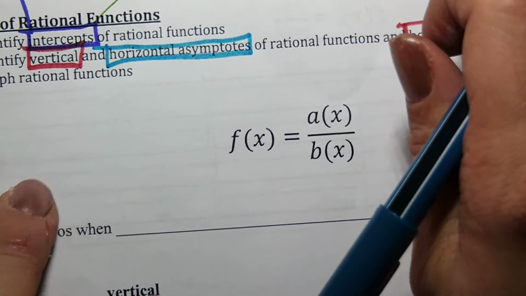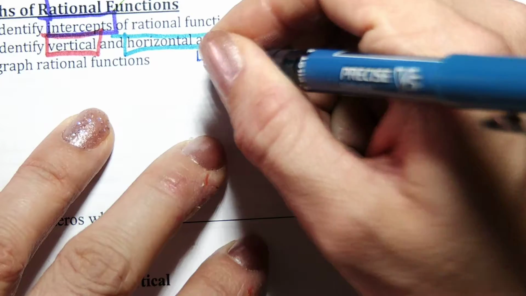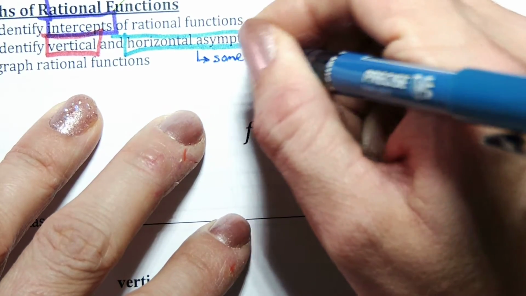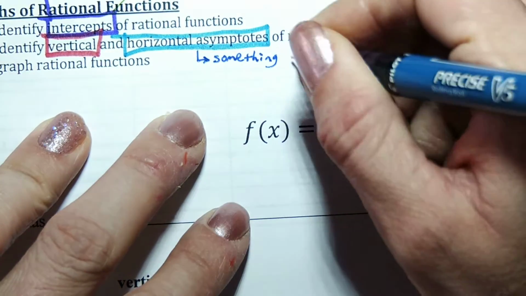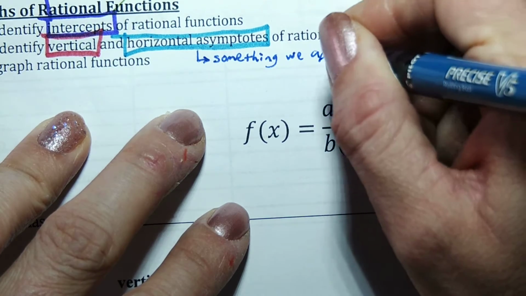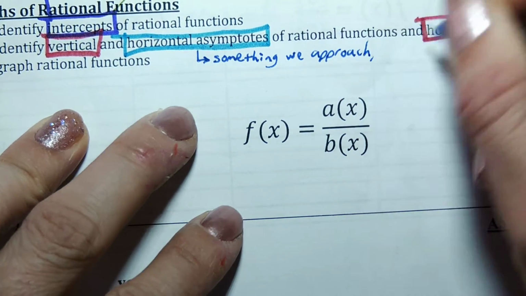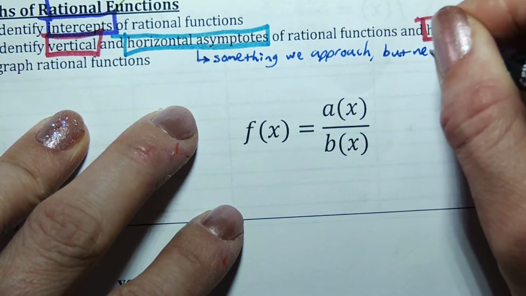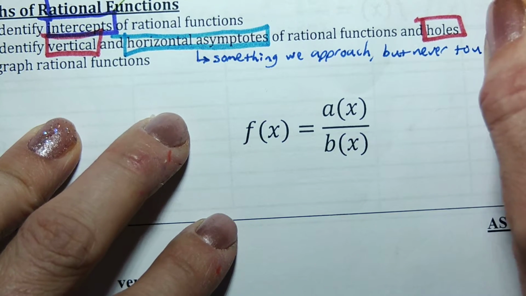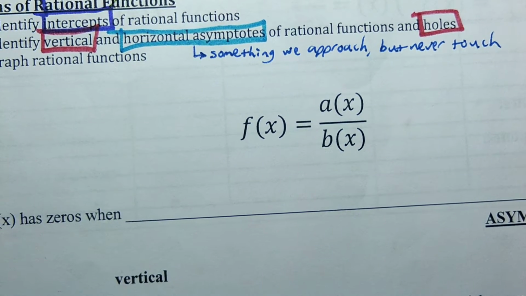The easiest way I can describe an asymptote is something we approach but never touch. How many of you have a younger sibling? Have they ever pulled that nonsense where they go, I'm not touching you, but they're literally like right there?